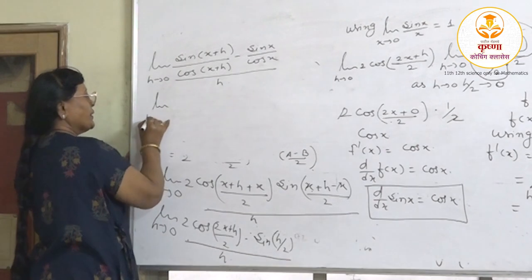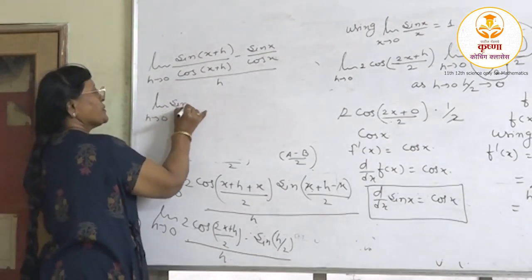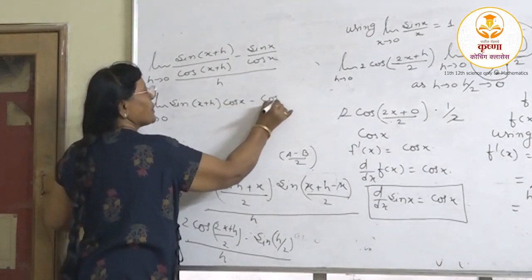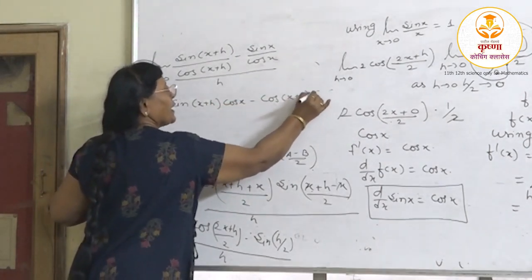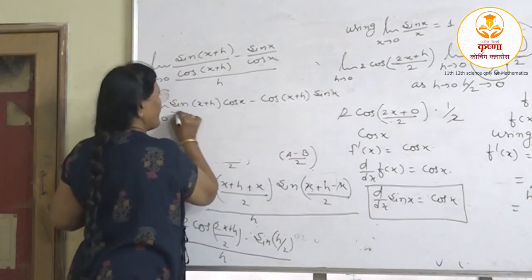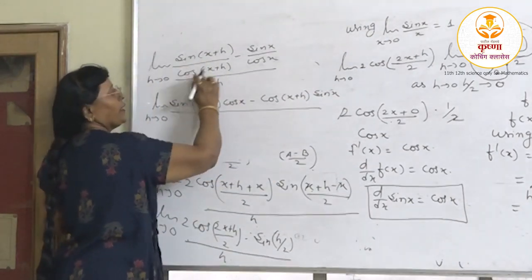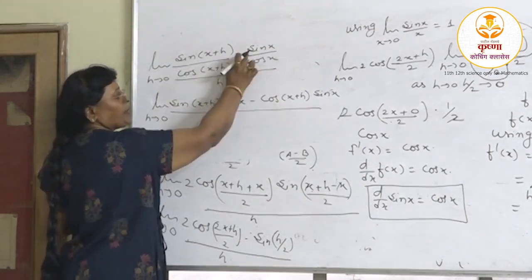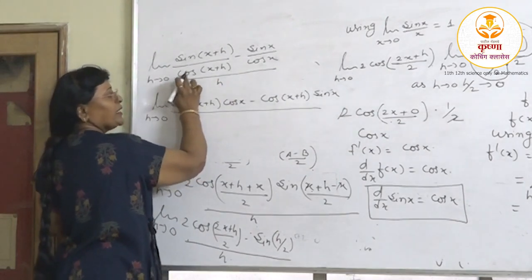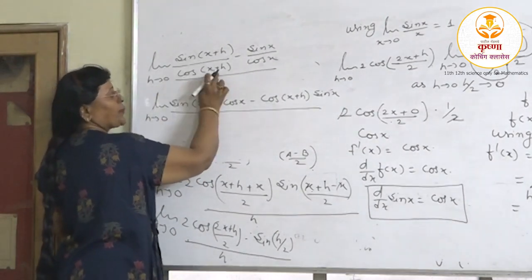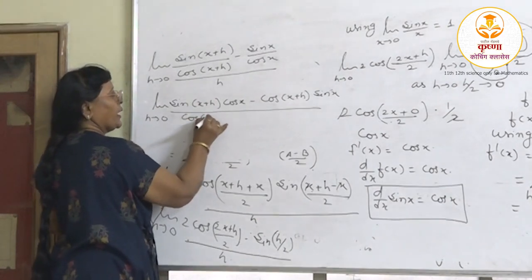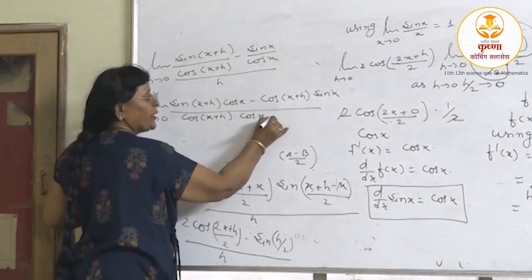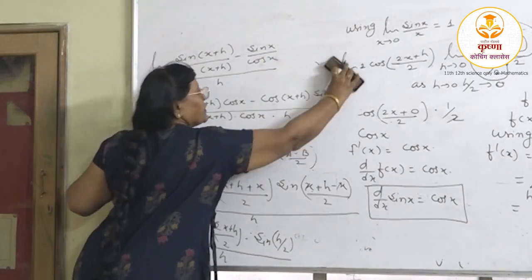Here we do cross multiplication: sin of x plus h into cos x minus cos of x plus h into sin x, divided by the product of the two denominators, cos of x plus h into cos x, and multiplied by 1 by h, right?